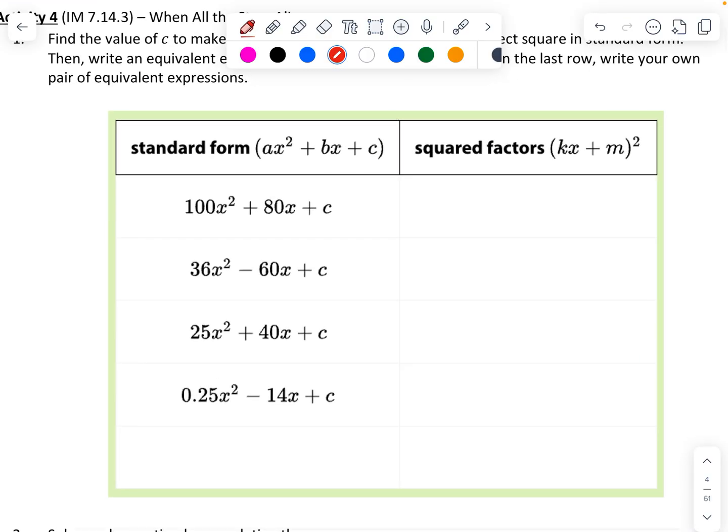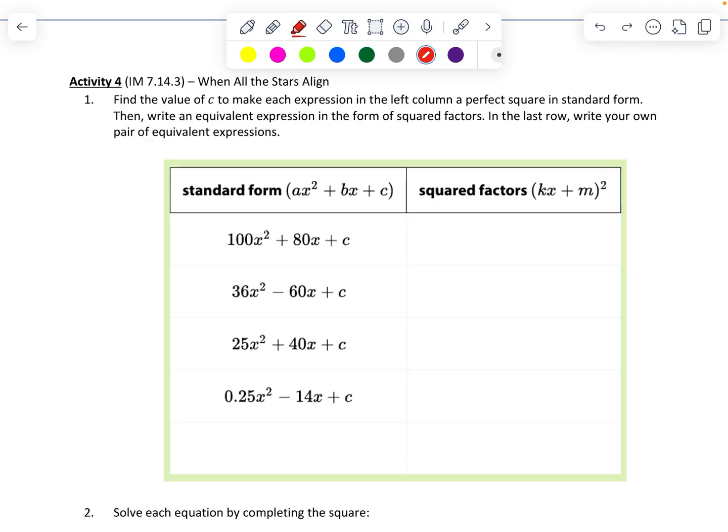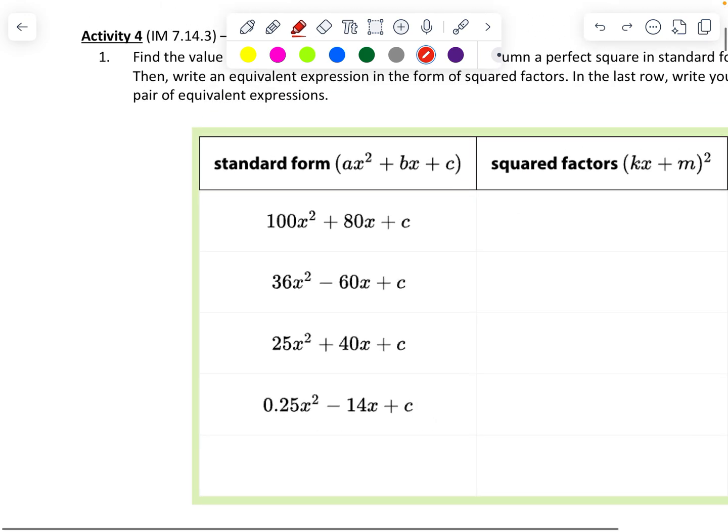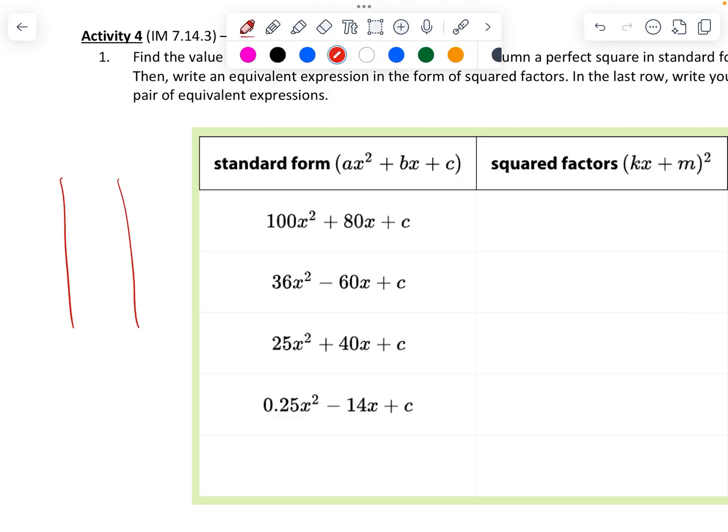Now here we are finding a perfect square when the a value is not 1. So you see here the a values are not 1. So we need to know how to factor it. And so the method that I would use, we know that in standard form, I'm going to use tables until we can all understand. This is 100x squared. And because it's a perfect square, this is 40x and this is 40x.